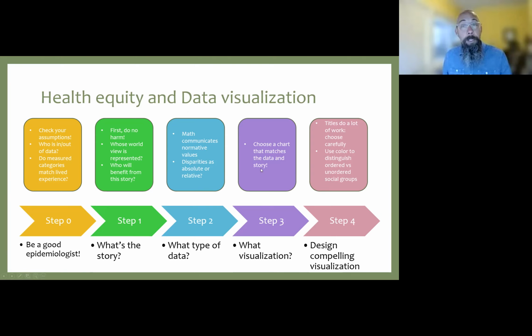So we choose a chart, but now we've got this final stuff, and especially for outward or public facing visualizations, it's really important that the way we frame the visualization through the title and the annotations and the legend, again, tells a story that reflects people's lived experience and doesn't inadvertently cause harm.